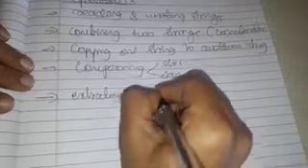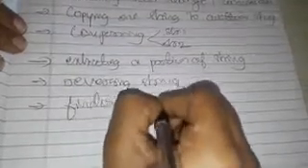Next, getting a particular part of the string, that is extracting a portion of a string. Next, reversing a string. And next, a very nice thing, finding the length of the string.